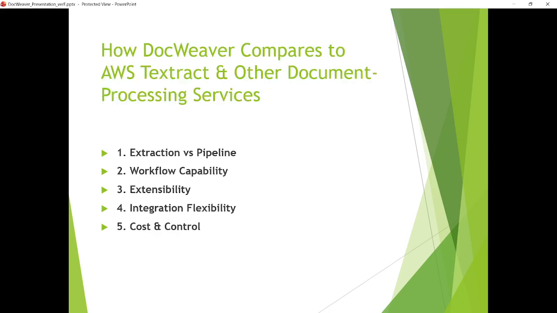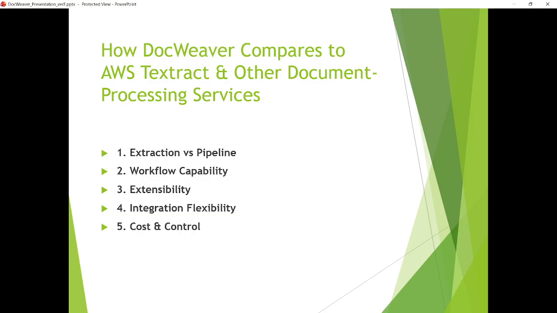All right. Before we conclude, I'd like to add a brief positioning of our module Docweaver in the larger document processing ecosystem, comparing it with industrial-level services such as AWS Textract, Google Document AI, or Azure Form Recognizer.